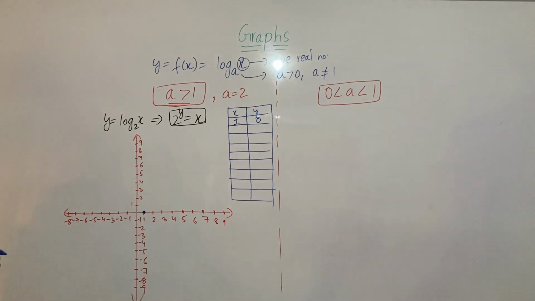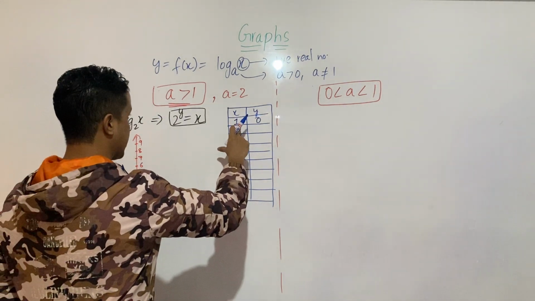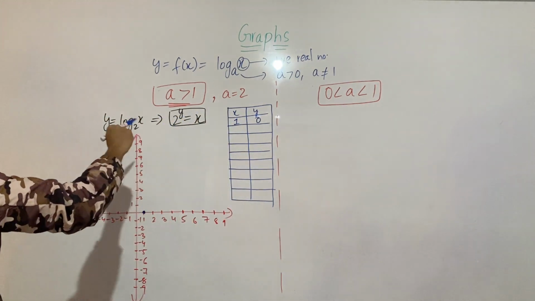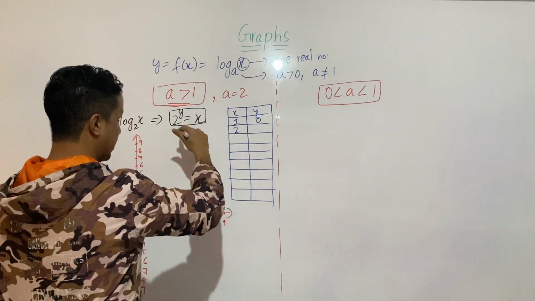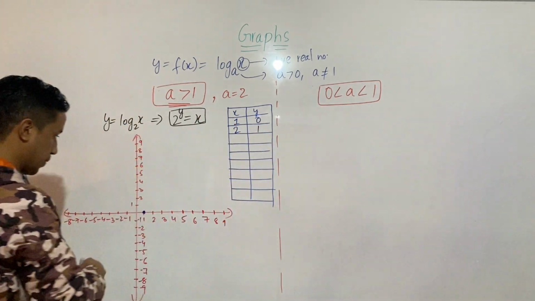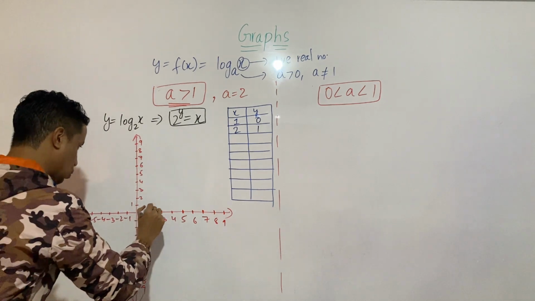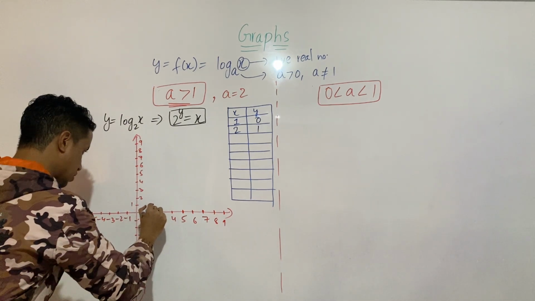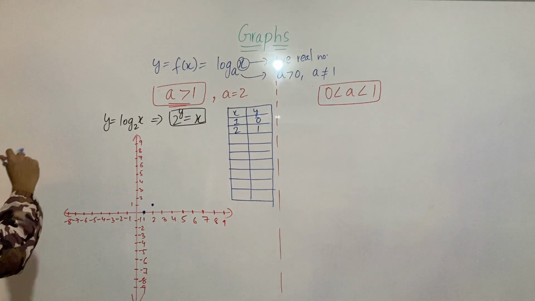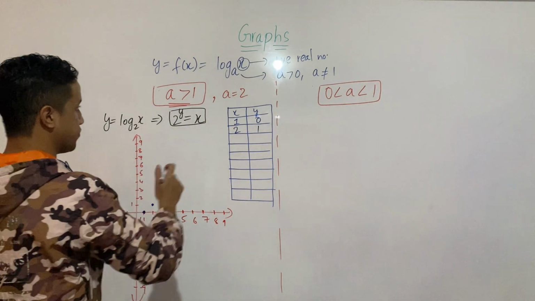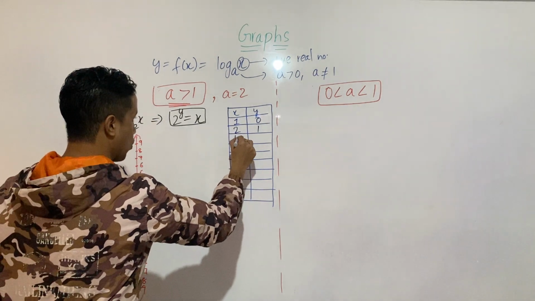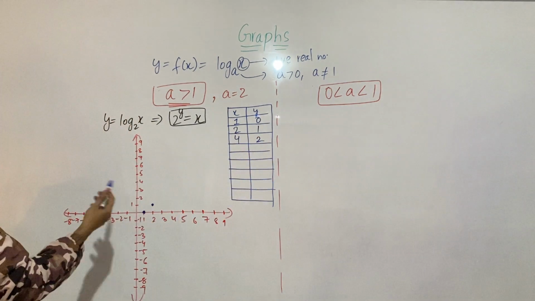Then if x is going to be 2, then it means y is going to be 1. So x 2, y 1. Then if x is going to be 4, then y is going to be 2, right?